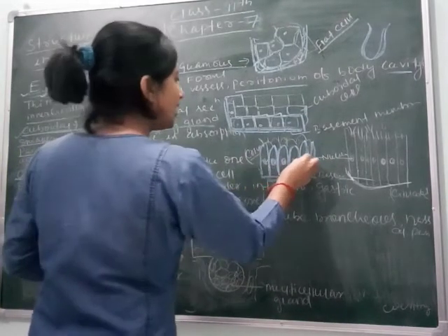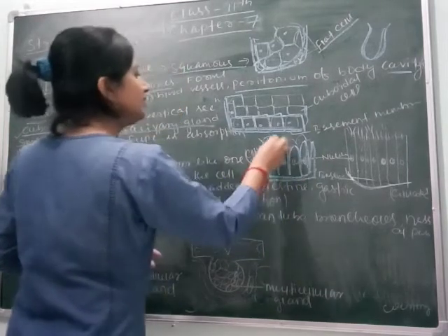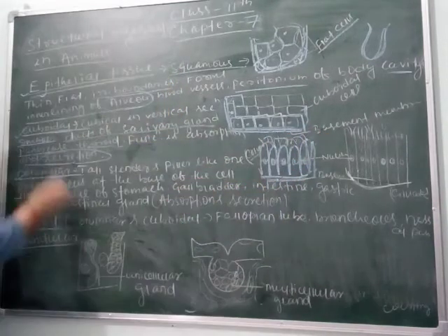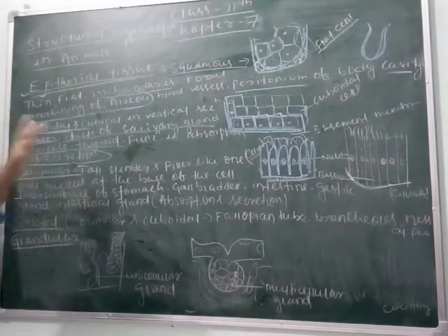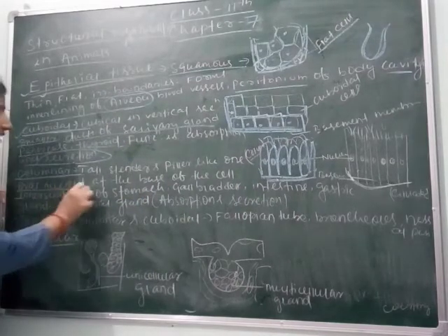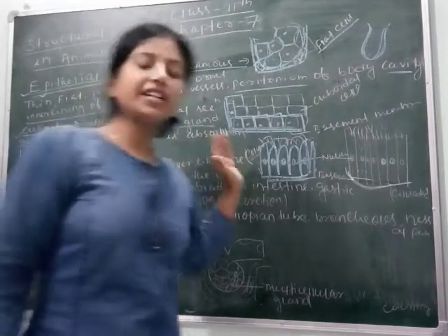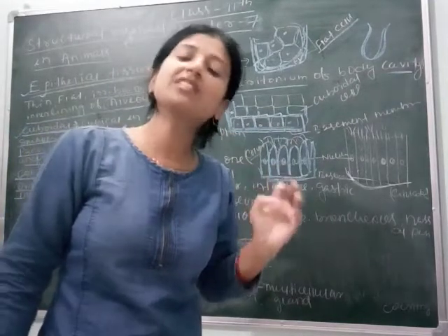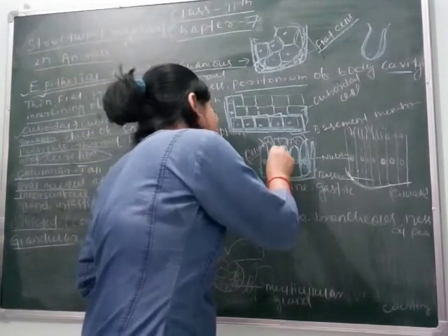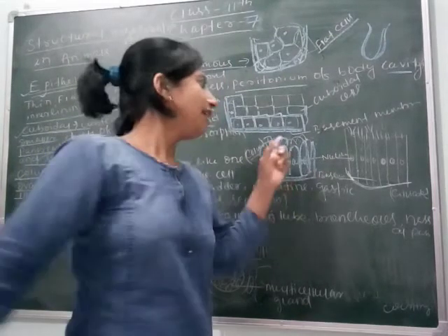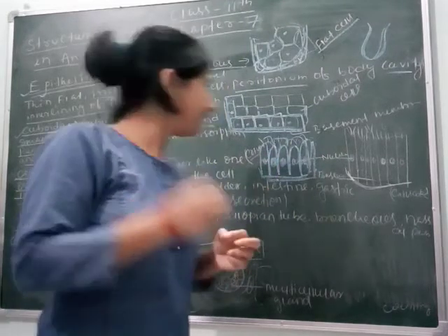The nucleus is oval in shape. Columnar cells are tall, slender, pillar-like, and have one oval nucleus, which means the nucleus is not circular but egg-shaped. And all the cells are tall and slender.